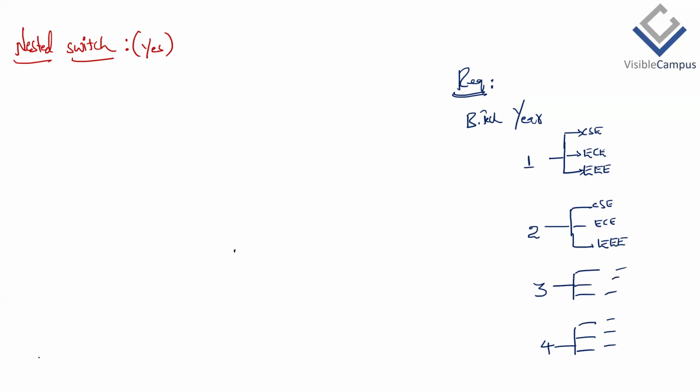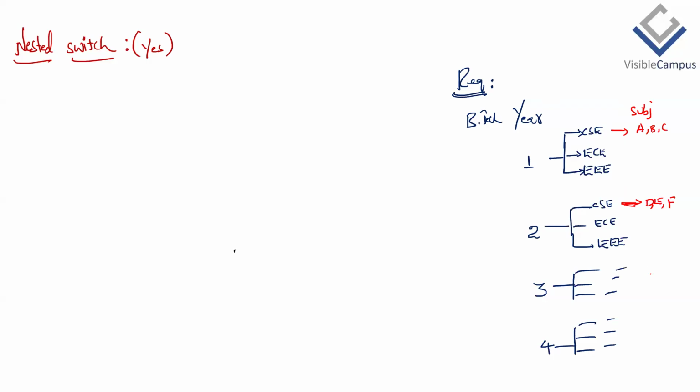And when it comes to subjects, are the first year CSE subjects the same for second year also, or different? Different, right? Why would we study the same subjects in every year? So for example, here it is ABC. Then here it is DEF, for example.